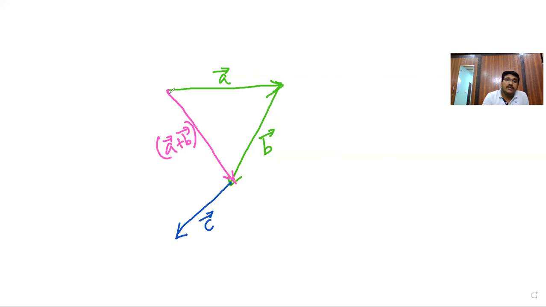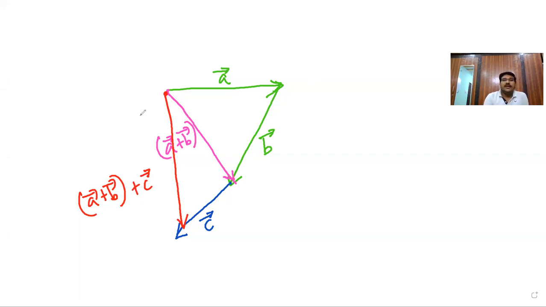Now, according to triangle law, this is A bar plus B bar vector, tail to head. Similarly, this is another vector C bar, tail to head. Now, what will be the resultant? The resultant will be from the initial point to the final point. This is the resultant, that is nothing but A bar plus B bar, first vector, plus addition of the second vector. This is the result. Okay.